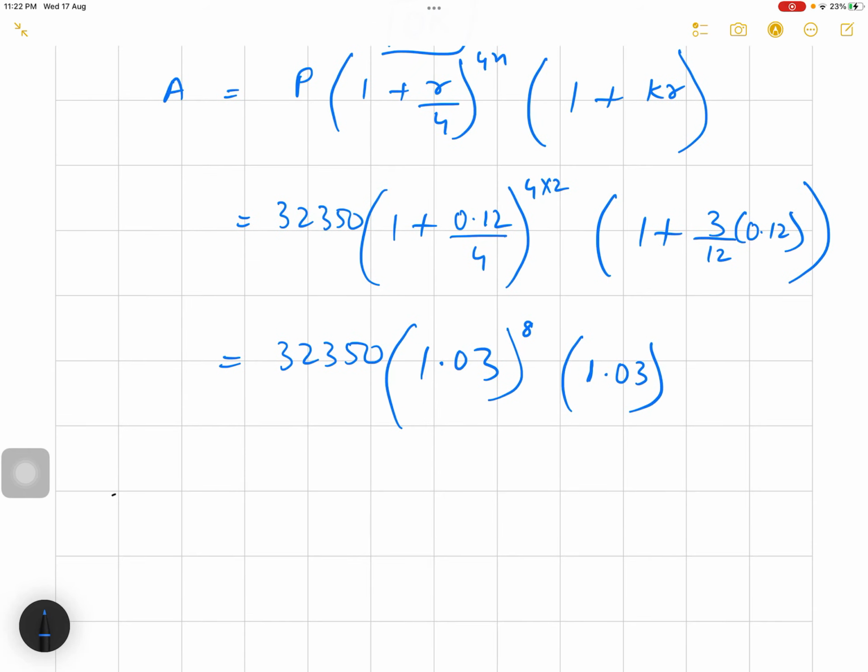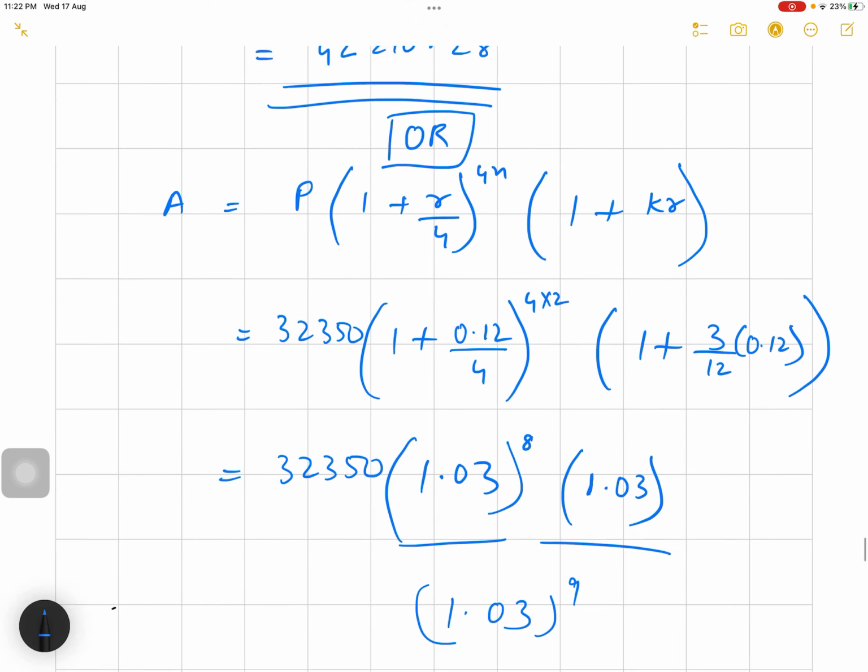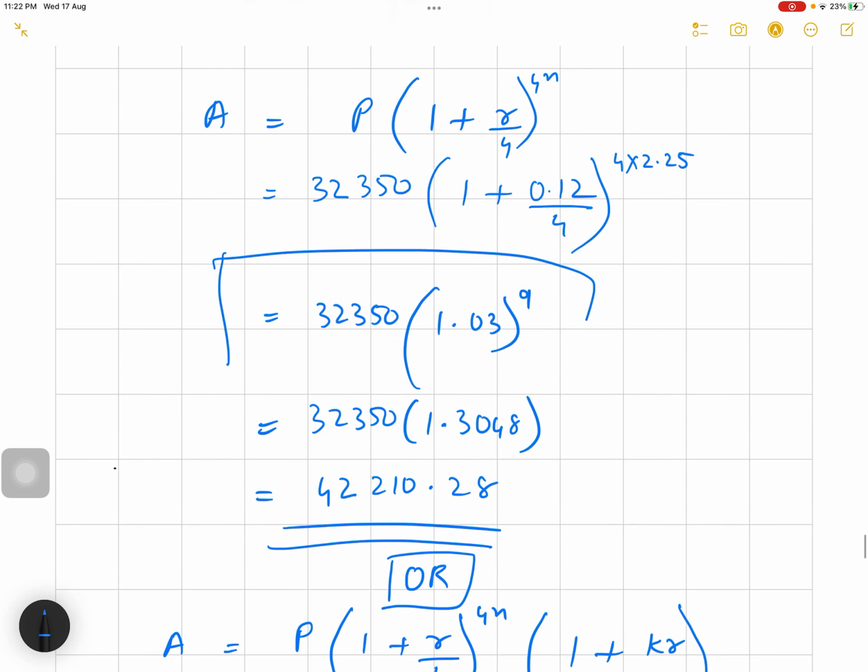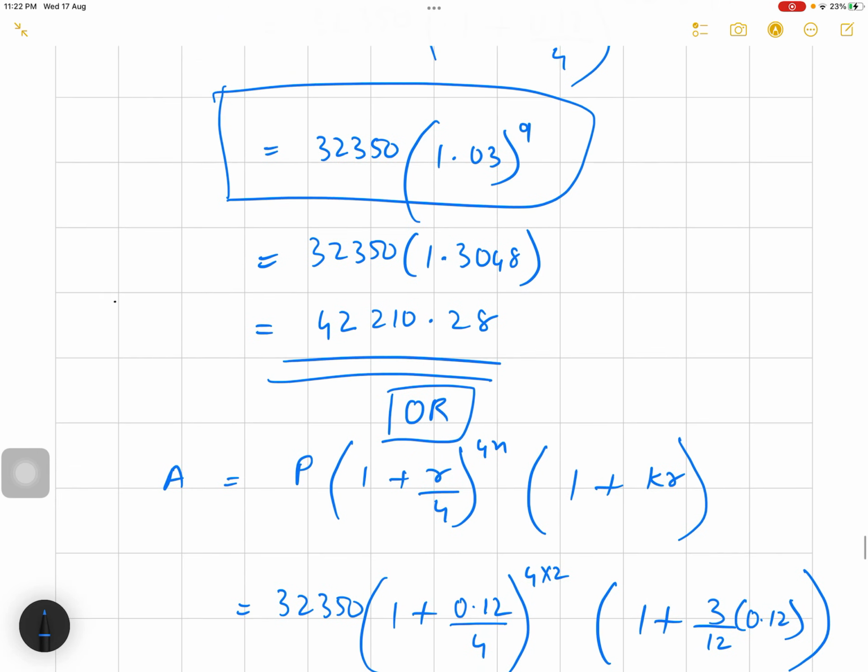So when you compute this into this, it is 1.03 raised to 9, correct? We are at the same step.